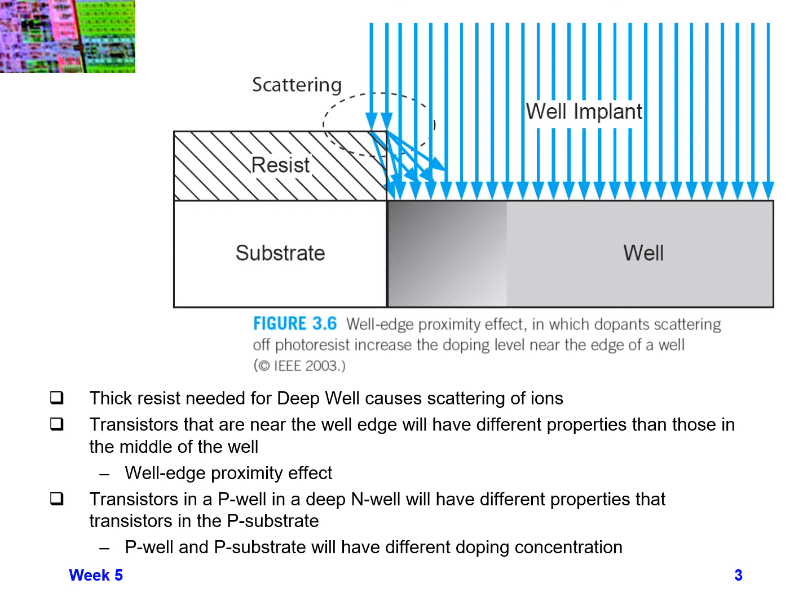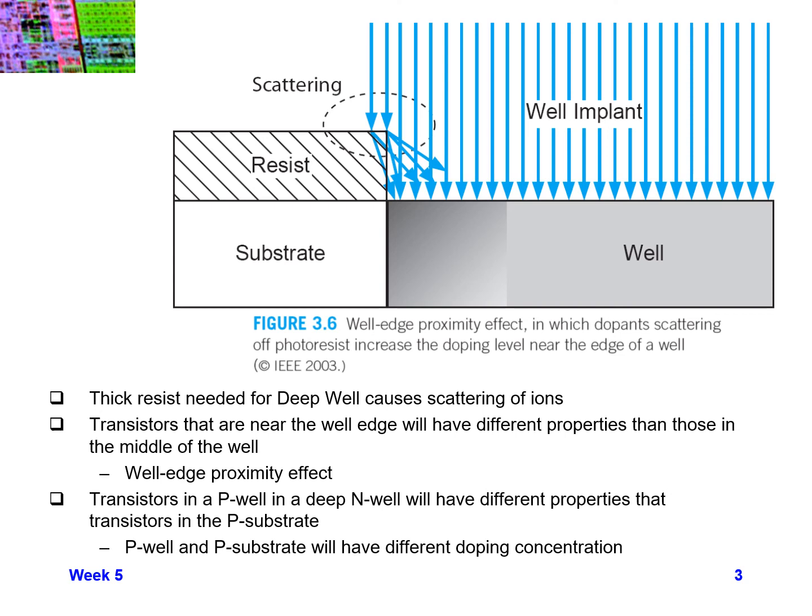So this is showing, as I said in the previous foil, when we're doing a deep well implant, in order to stop the implant from going through the substrate in areas where we don't want the well, we need that resist layer to be really thick. It might be 2, 3, 5 times as thick as what your normal resist layers might be for other steps.